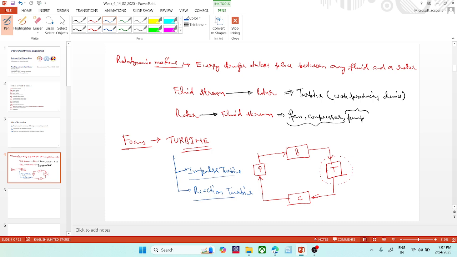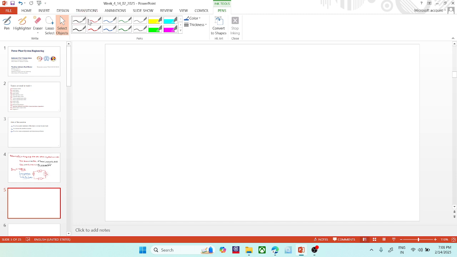In the upcoming slides, we will have the formulation of these turbines. We will start with the impulse turbine. So impulse means a force which impinges on an object for a very short period of time. So that short time force is called the impulse.